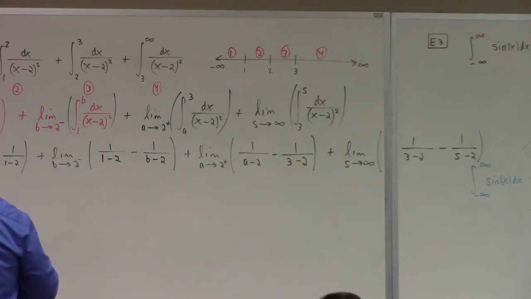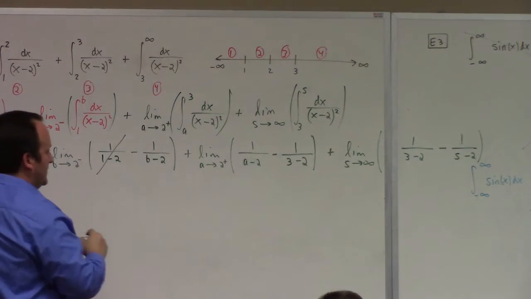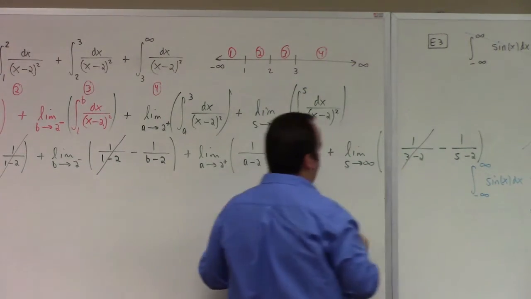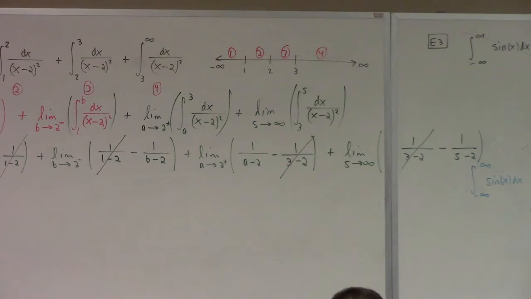Okay, now some of these things cancel, right? For example, this and that are kaputski, and this guy and that guy, natural enemies. And how about the rest of it? Well, this piece here goes to 0, right?